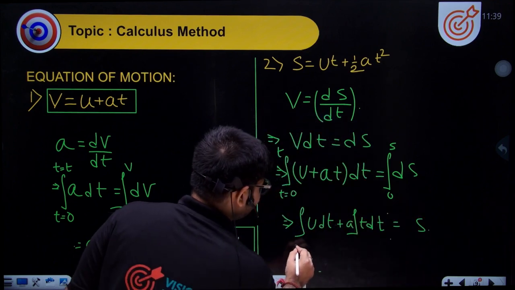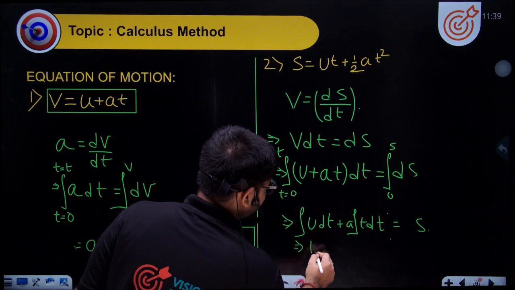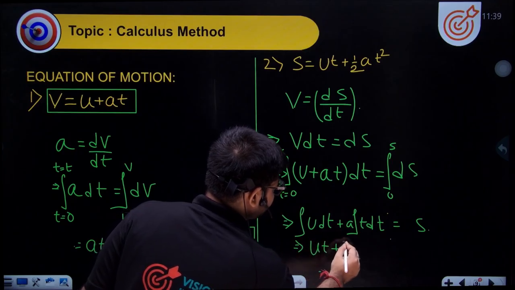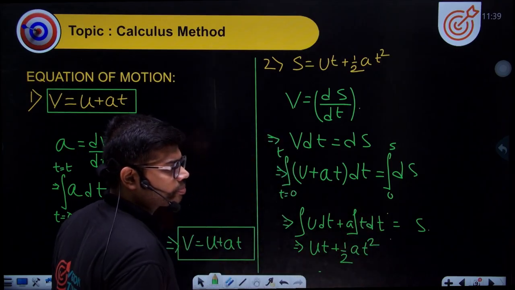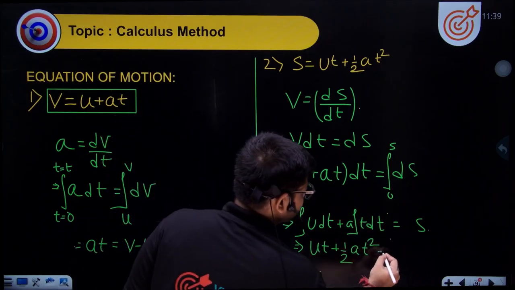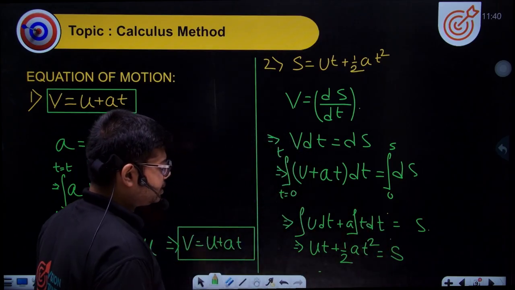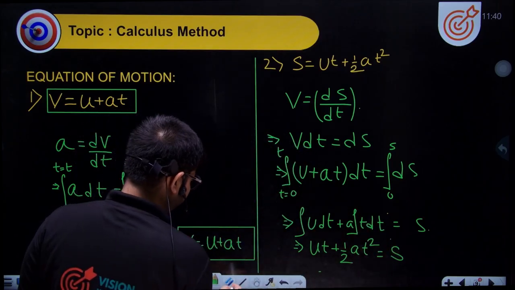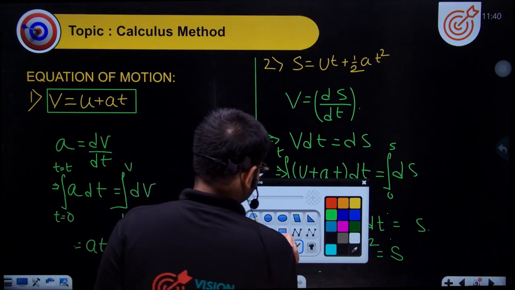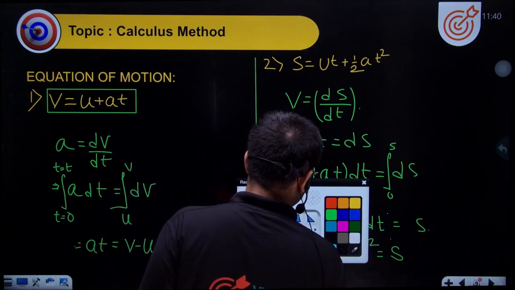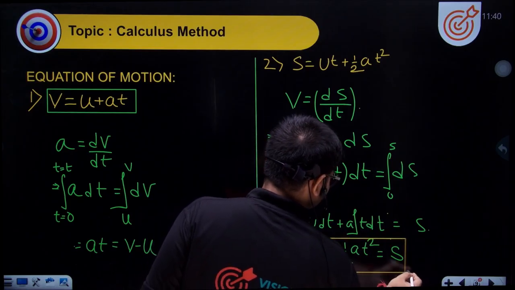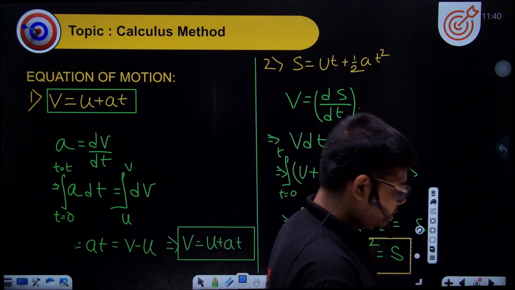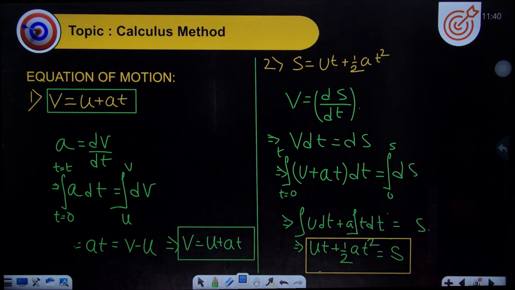If you integrate it, you will get ut plus half a t square, that is equal to s. So s is equal to ut plus half a t square. So we have derived the second equation of motion by calculus method.